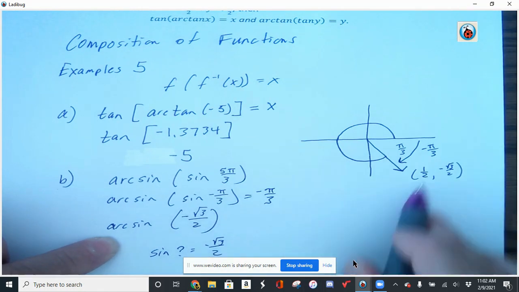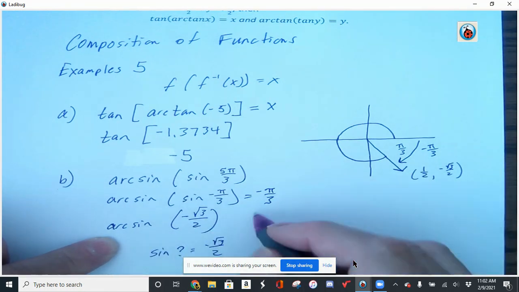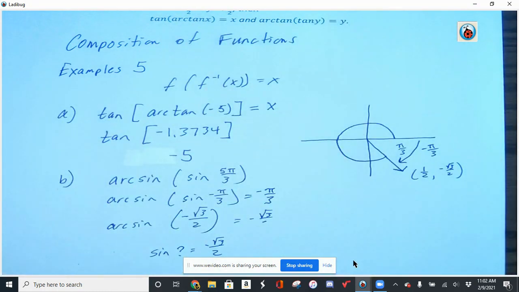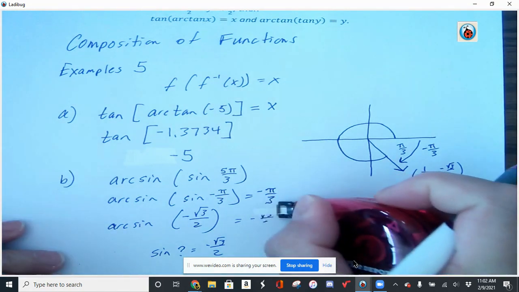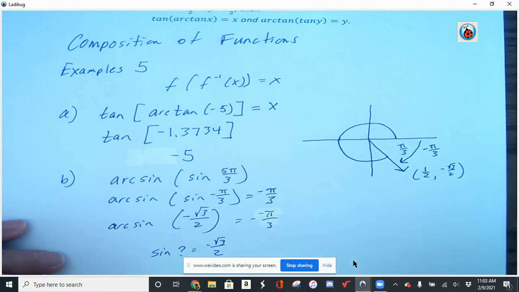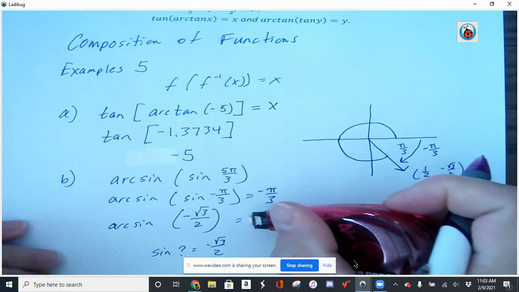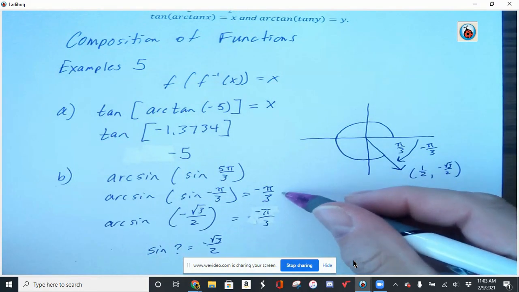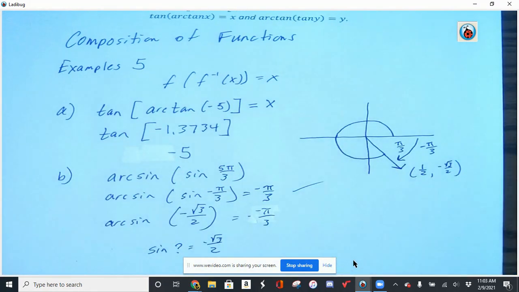Well, it's negative pi over 3. So this is equal to negative pi over 3, so this is correct. That's how the inverse properties work on this.